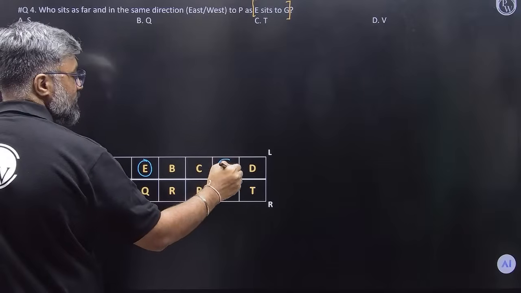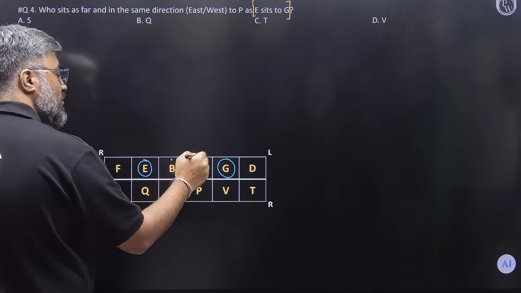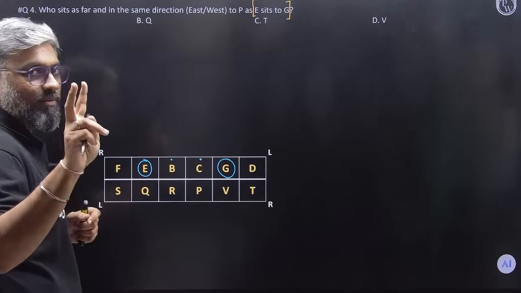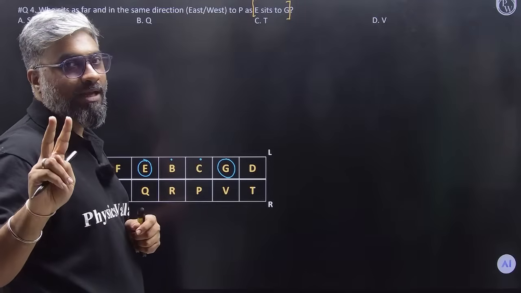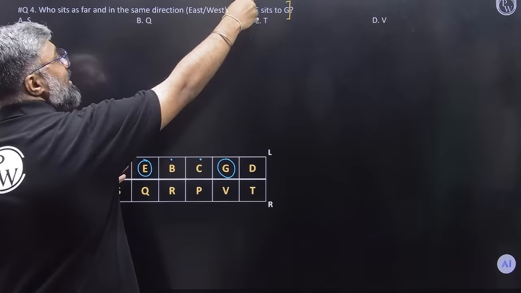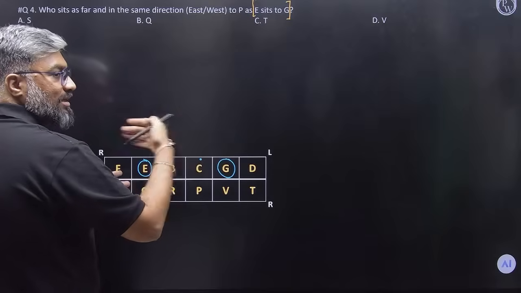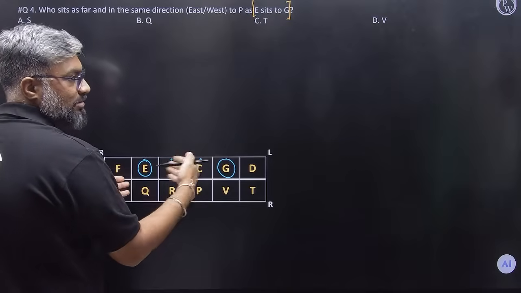G is here. So I should basically have two people in between, and E is to the, what is this? West, east, west, yeah, west.